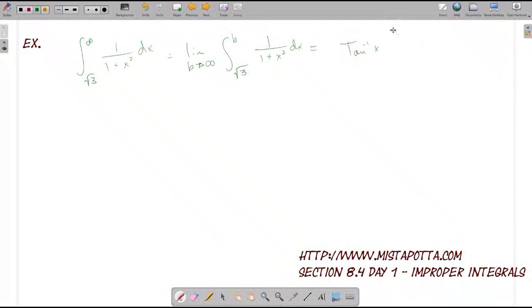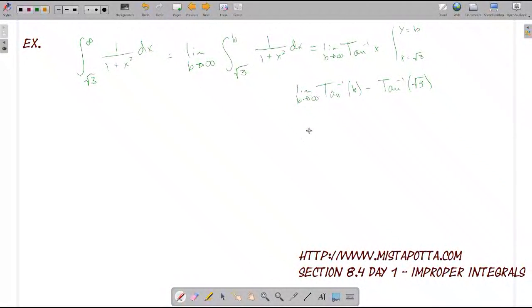So I'm evaluating this inverse tangent function from x equals radical 3 to x equals b, and then taking a look at the limit as b approaches infinity. So what I've got here is tan inverse of b minus the tan inverse of radical 3 as b increases without bound.